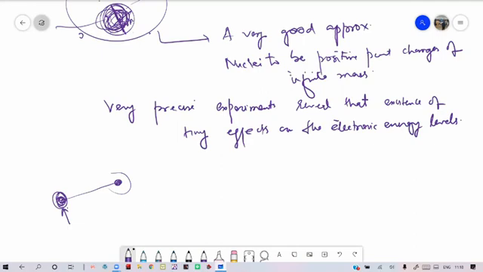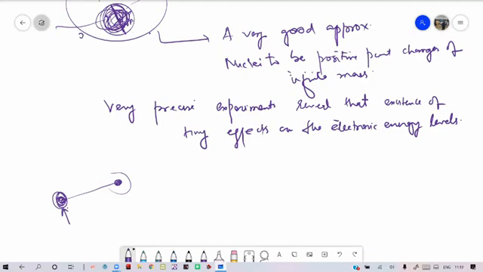So these two properties can result in saying that any effect or any field which happens to be originating from the nucleus, which has the origin as nucleus, like nuclear magnetic dipole moment. This is one of the electromagnetic fields.